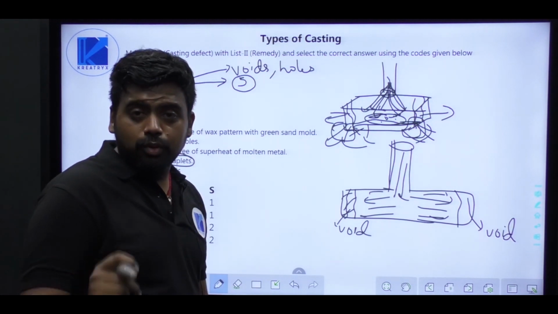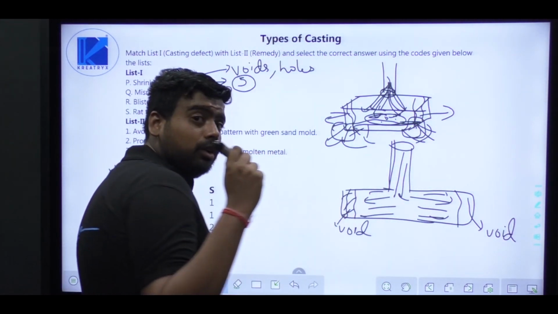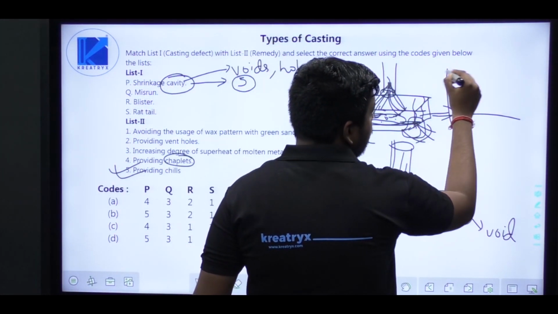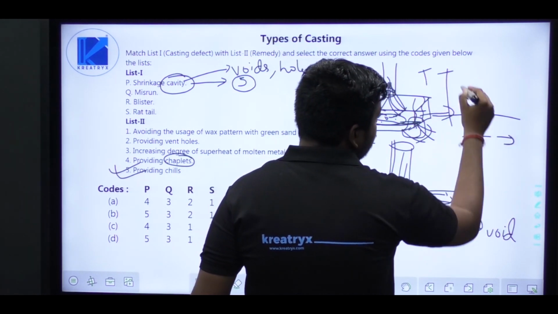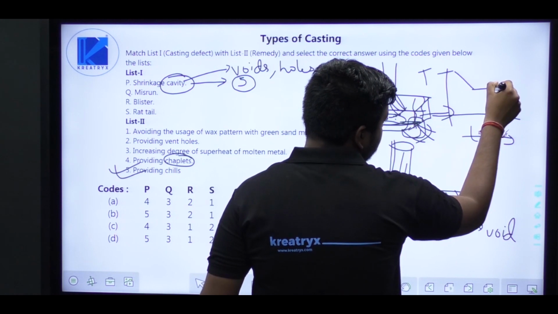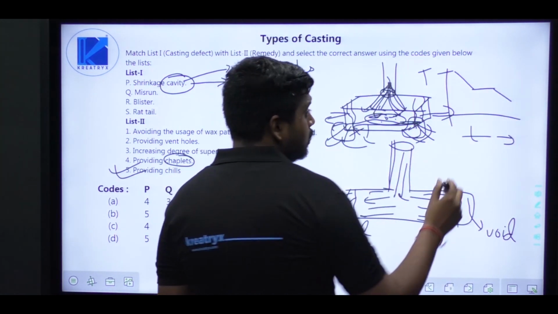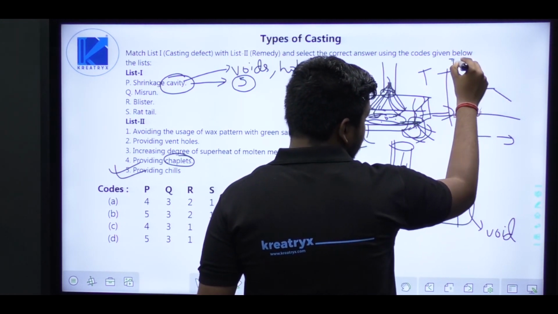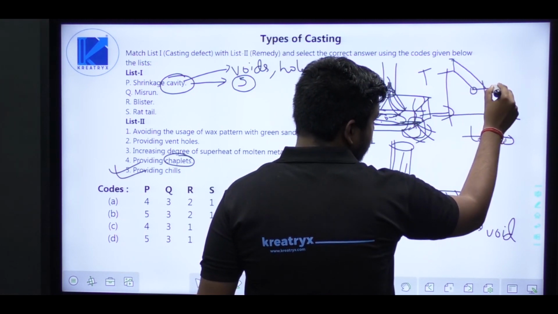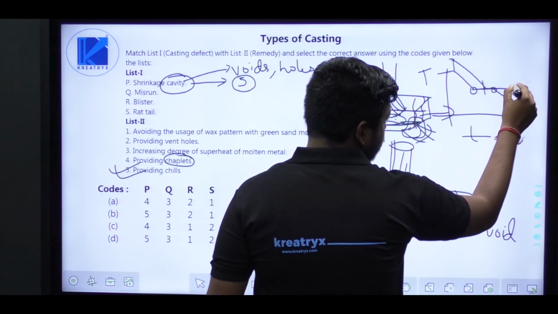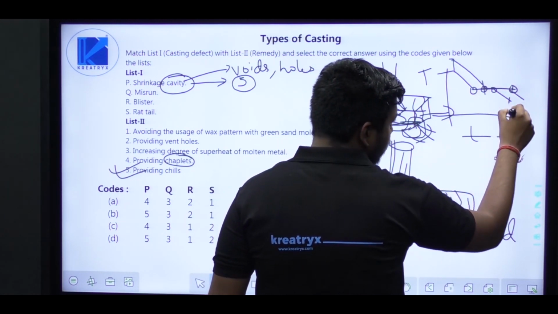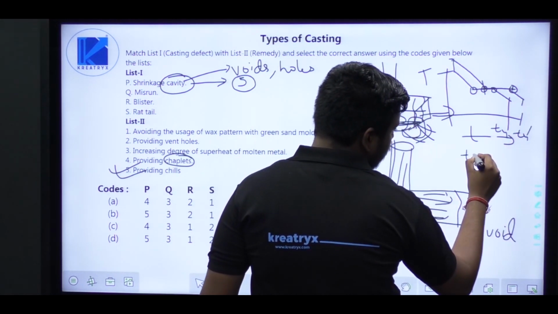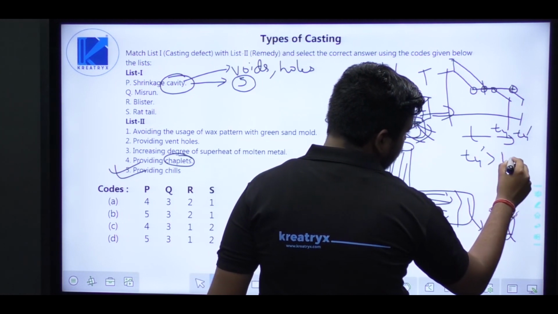So how do we remove that phenomenon? We can remove it if you remember the curve which I drew previously in the second question, with temperature on the y-axis and time on the x-axis, showing pouring temperature, freezing temperature, and solidification temperature. If we increase the pouring temperature, this distance remains the same, but the time T4 increases, so T4 dash is greater than T4.